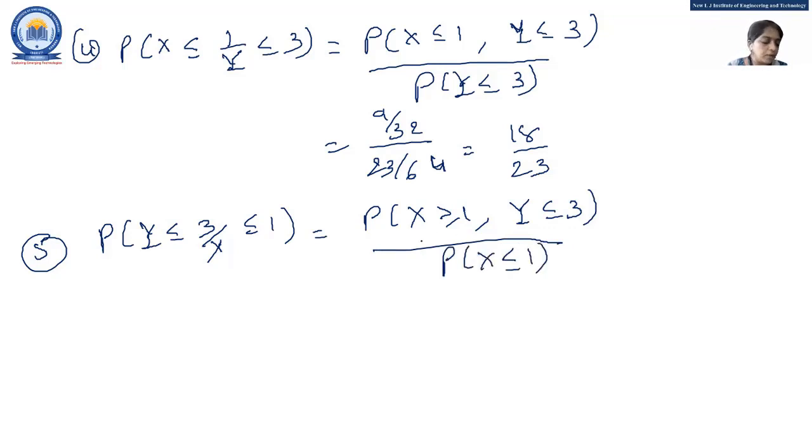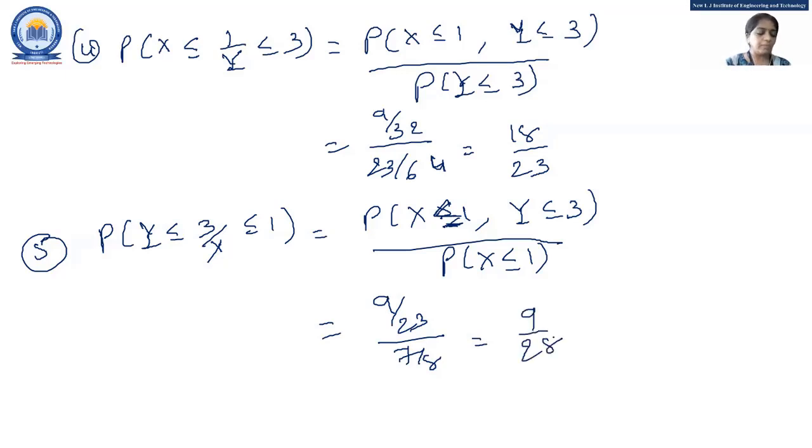From the upper answer, it is 9 by 32, and upon it is 7 by 8. So after simplification, it will become 9 by 28.